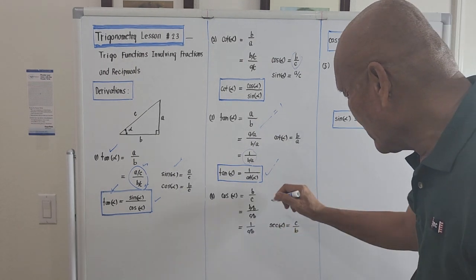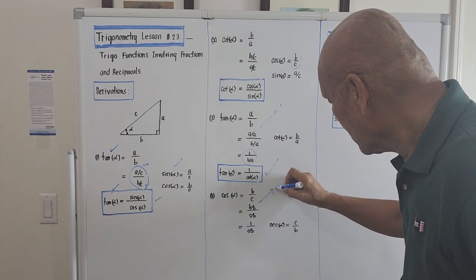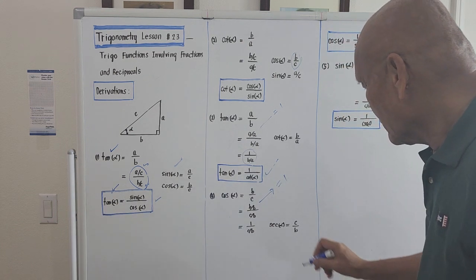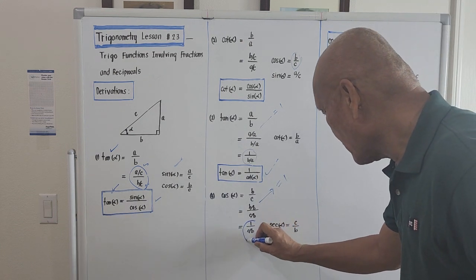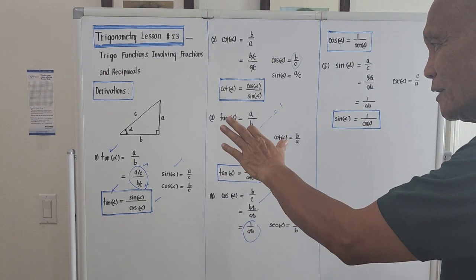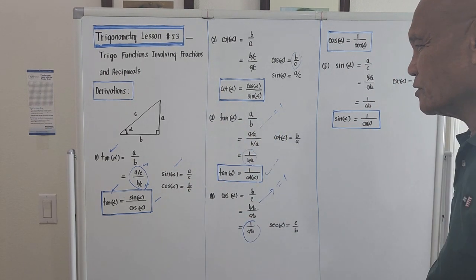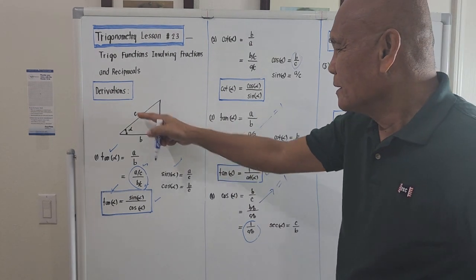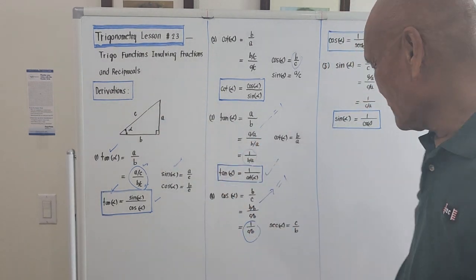And small letter b divided by itself is equal to 1. So what will come out will be 1 over the ratio C over B. But from the given right triangle, what is the ratio C over B? C over B is actually secant.